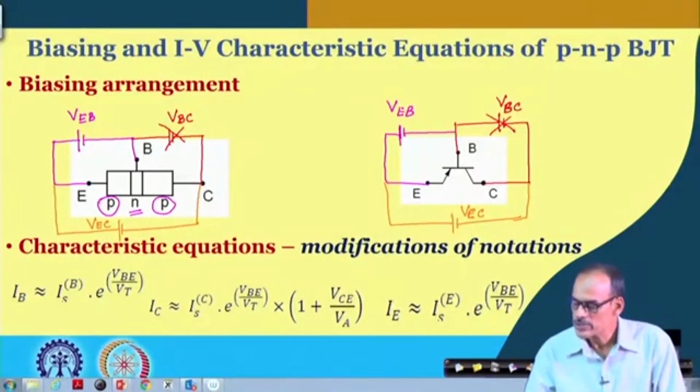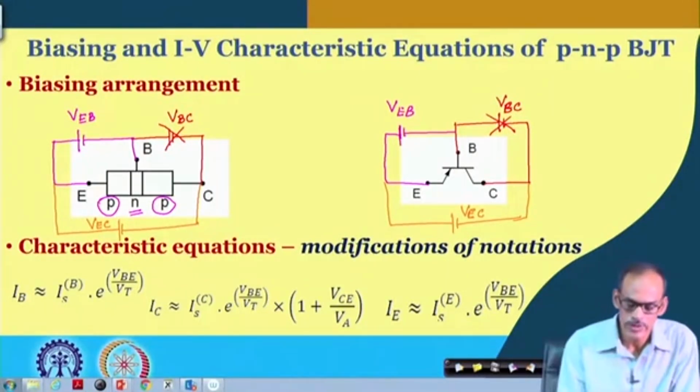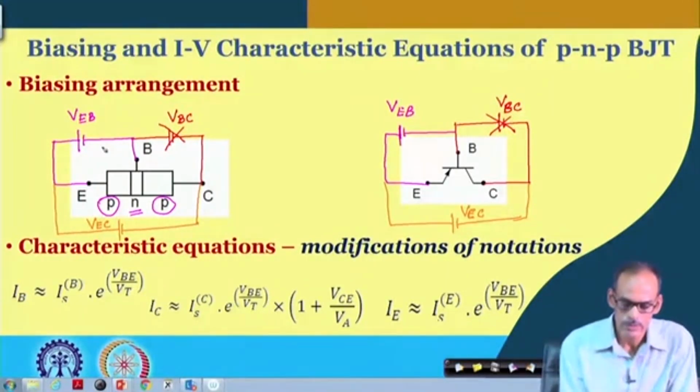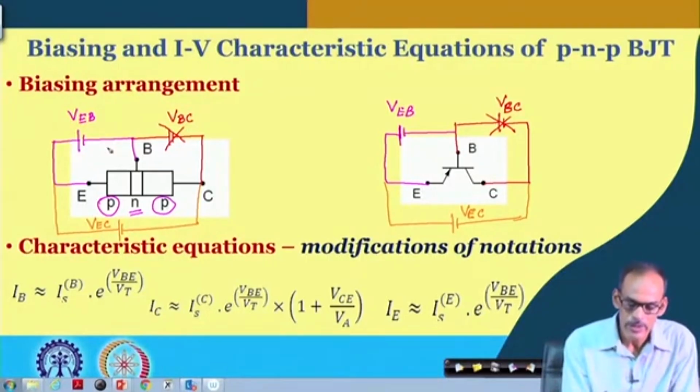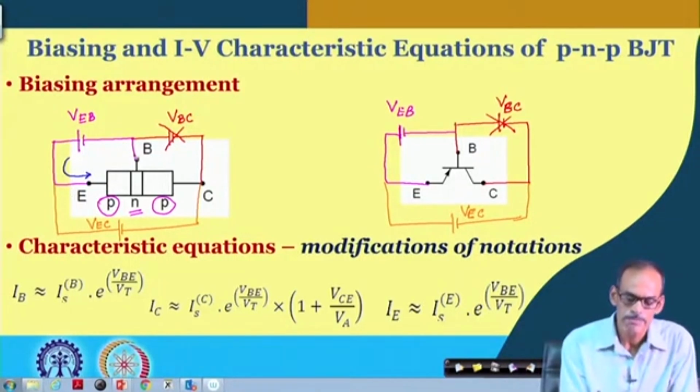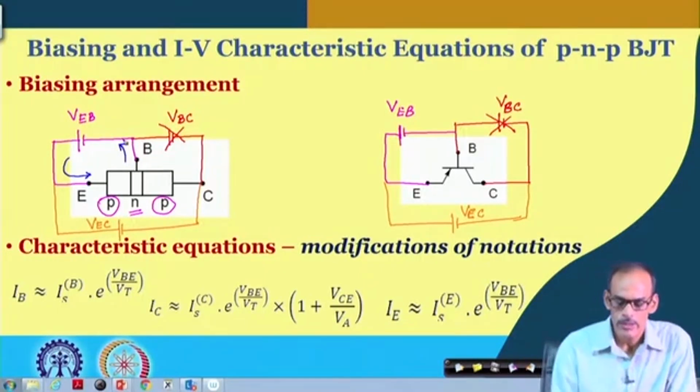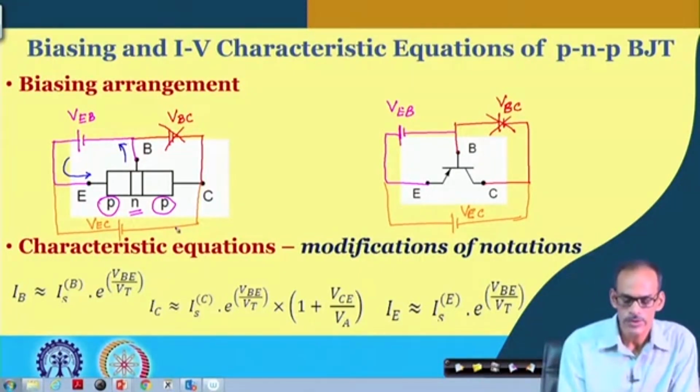And also if you see, based on the polarity of the voltage, you can expect the current will be flowing in this direction. In other words, the emitter current is entering the device, and the base current is emerging out of the base, and the collector current also is emerging out of the collector.